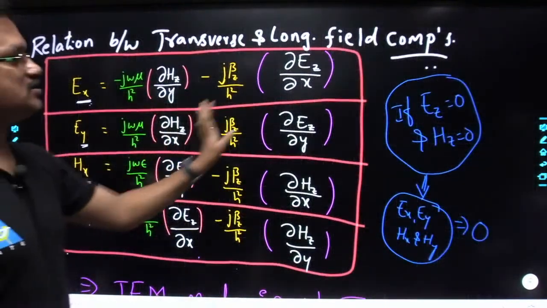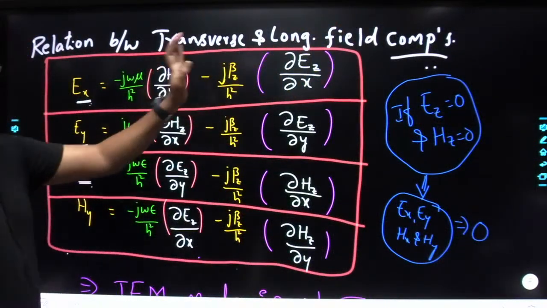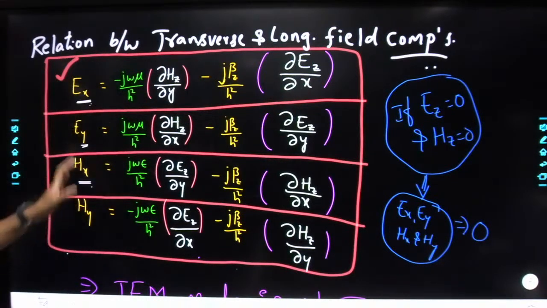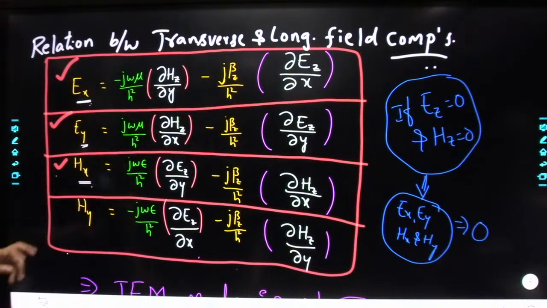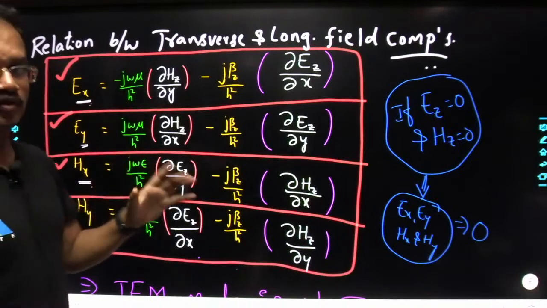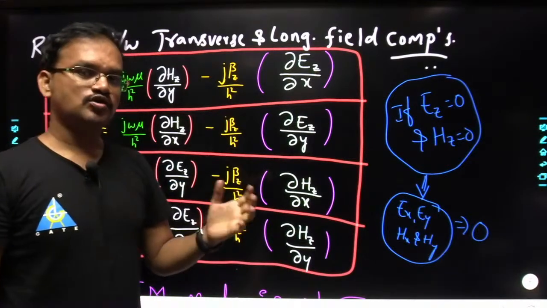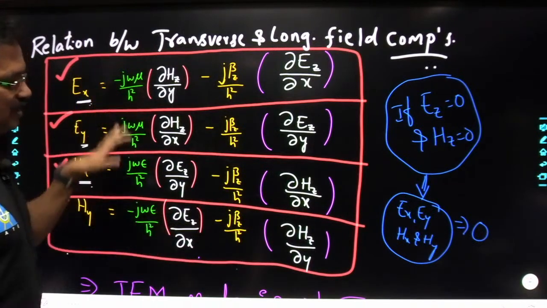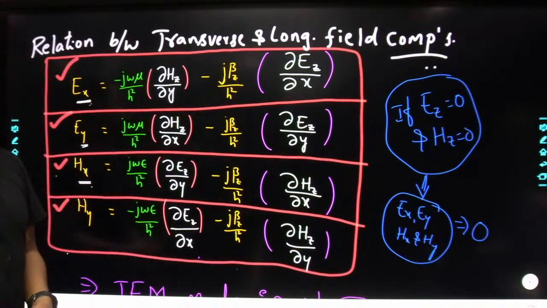So put Ez equal to 0 and substitute the Hz solution. You are going to get the solution for Ex, similarly for Ey, similarly for Hx, and similarly for Hy. So this will represent the solutions for the TE mode. You can write all the field components inside the rectangular waveguide with the help of these equations. Yes or no?